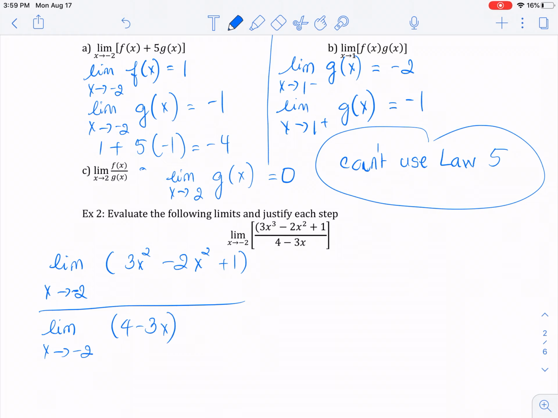And then you can see that we can do them one by one. We can break it into addition and subtraction as well.